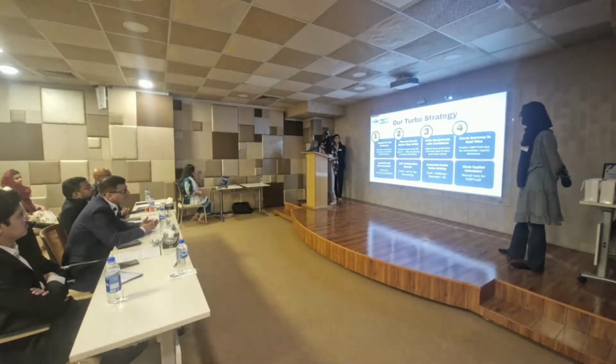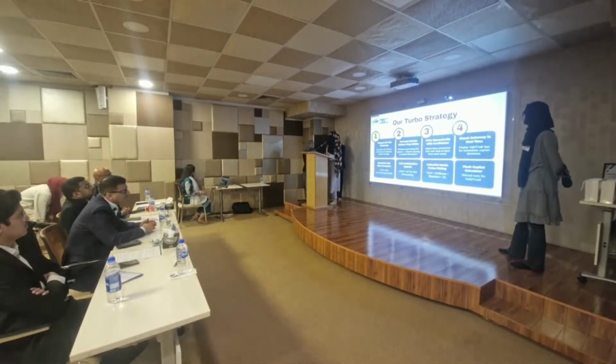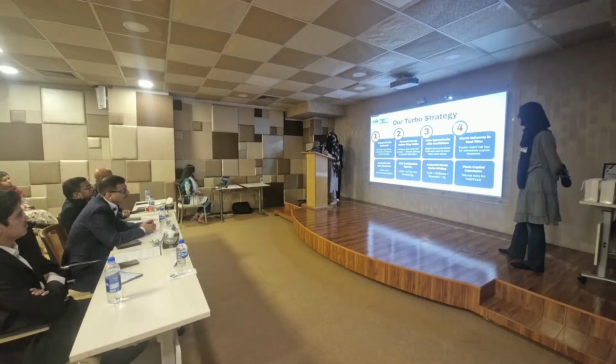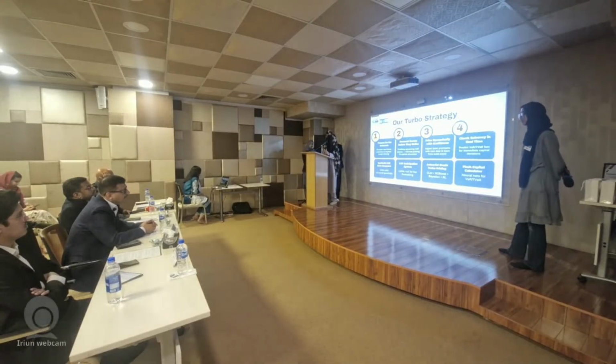Now next we have our Turbo strategy. In order to develop a modern and resilient pricing system, we first needed to solve these four problems. We had to prepare for unknown data, so we built a synthetic CAT data generator using GANs. Next, for forecasting events before they strike, we introduced a CAT anticipation system using LSTM plus IoT.